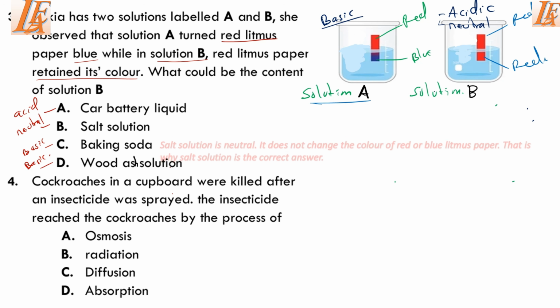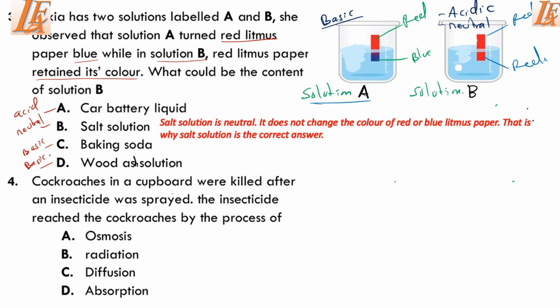One is a salt solution. Salt solution is neutral and it does not change the color of the red or blue litmus paper. And that's why in this case, the red litmus paper in solution B remained red. Then another possible answer for solution B, where the red litmus paper retained its color, is car battery liquid. Car batteries are acidic, and since they are acidic, it means the red litmus paper will remain red.